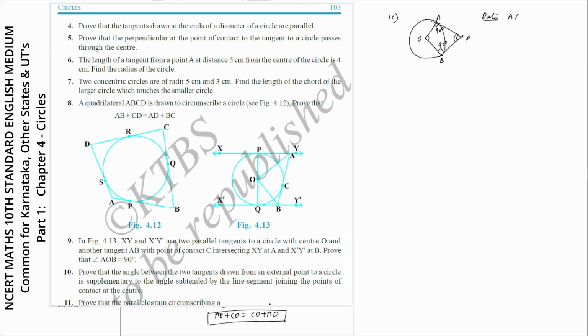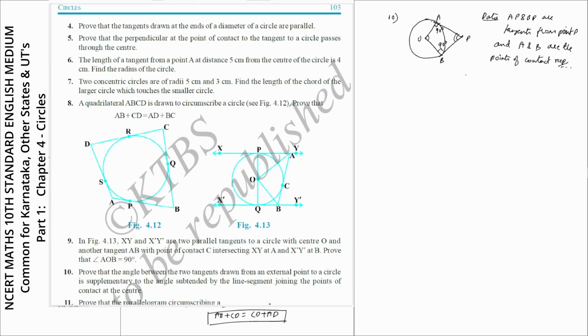Data: AP and BP are tangents from point P, and A and B are the points of contact respectively.